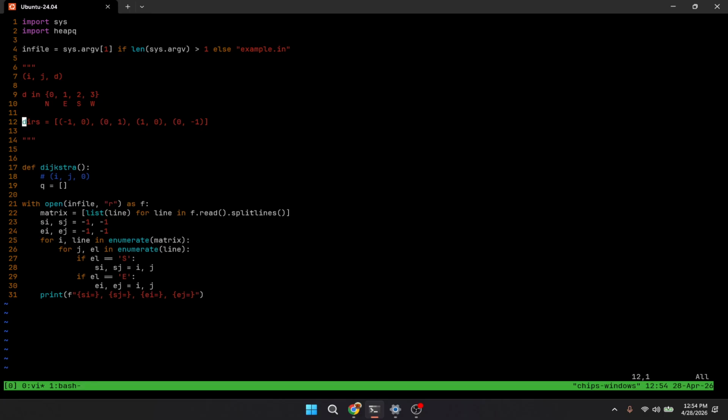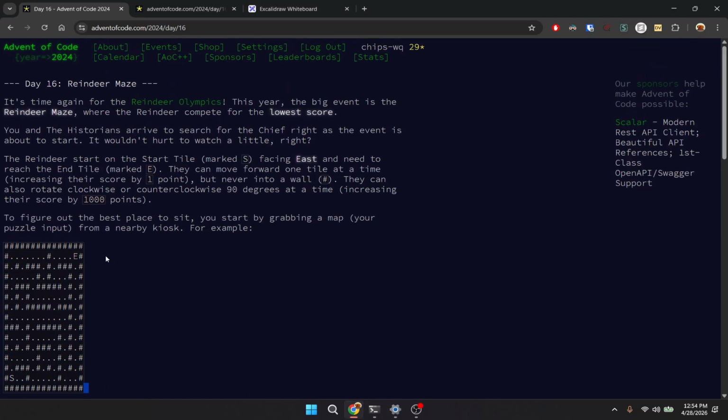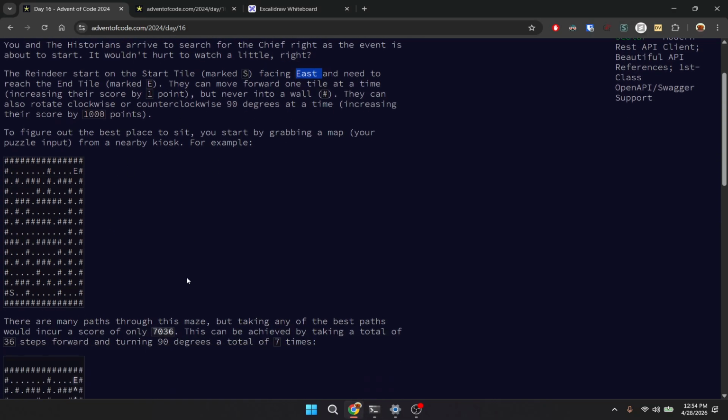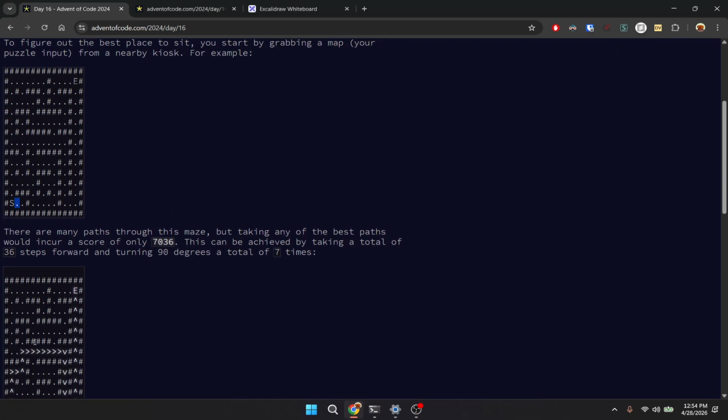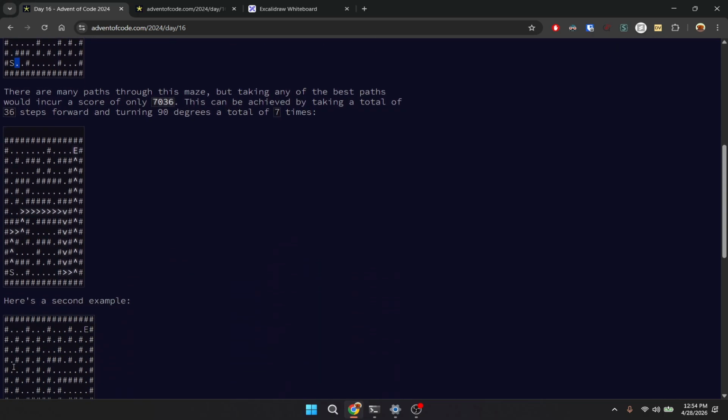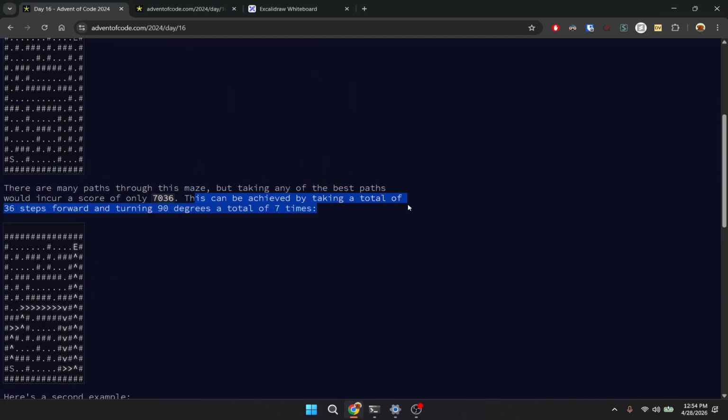And then essentially you're facing upwards, I guess. Oh no, you're facing east. So 1, 2, 3, 4, 5, 6.